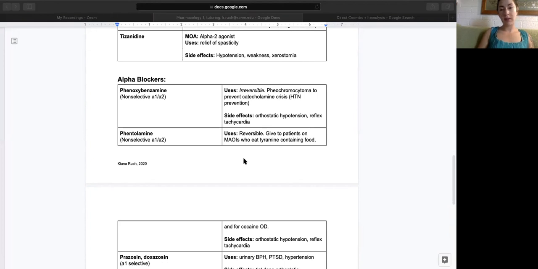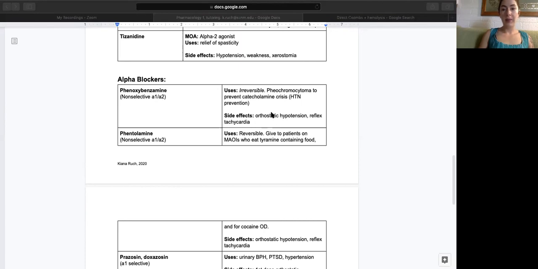So norepinephrine, epinephrine, all of those things are going to put you into fight or flight mode. So it's kind of a tumor that puts you into fight or flight for no reason. Sounds bad. So phenoxybenzamine is used to help with those symptoms, so then they don't have a catecholamine crisis, which would be like sweating, tachycardia, possibly a heart attack. I don't know, it would be bad.